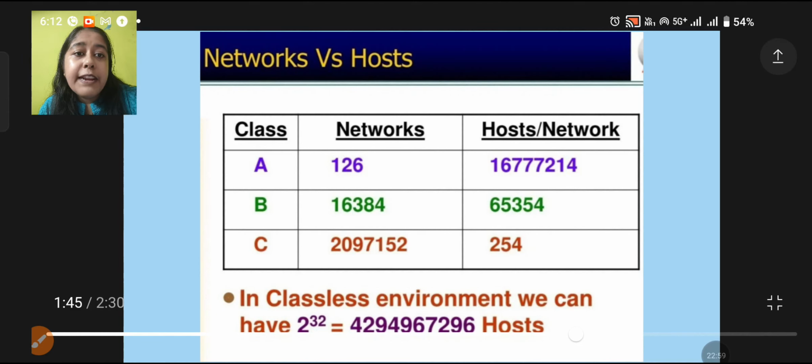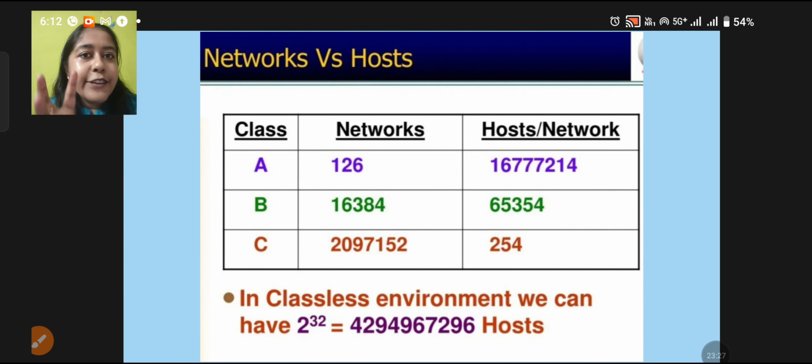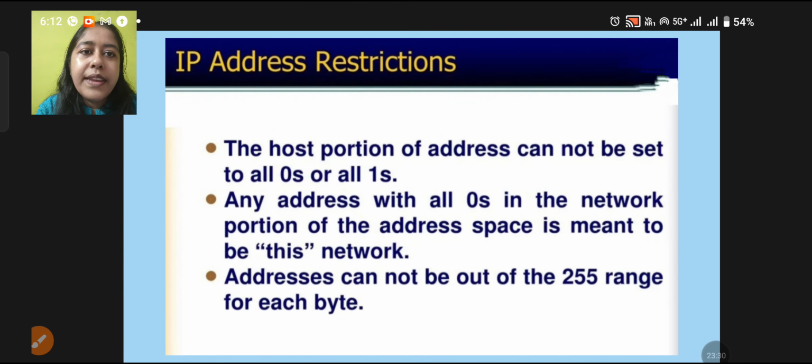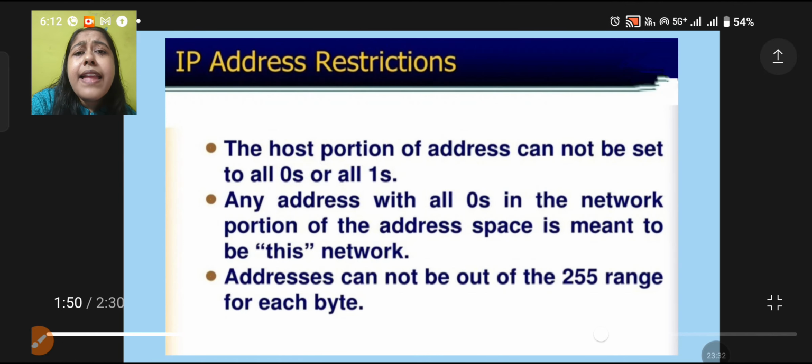Class B has 16384 networks, with 65534 hosts per network. Class C has 2097152 networks, with 254 hosts per network. In a classless environment, we can have 2 to the power 32 hosts, that is 4294967296 hosts, where we are not using the classes we use in classful addressing.